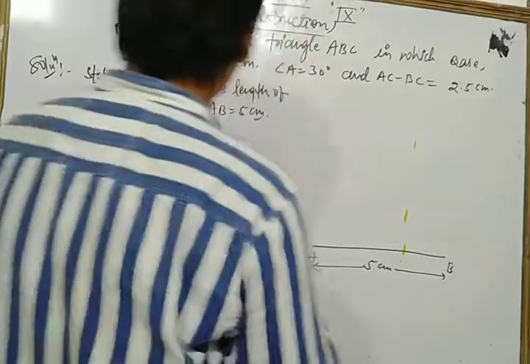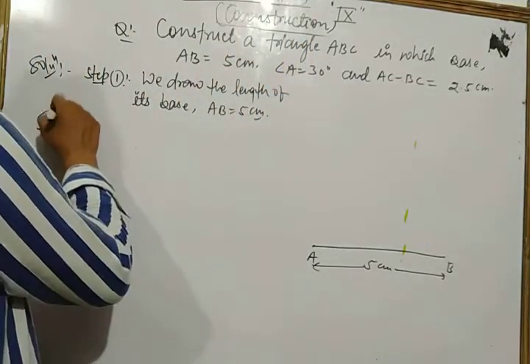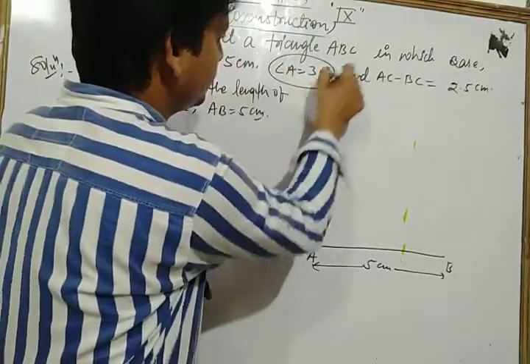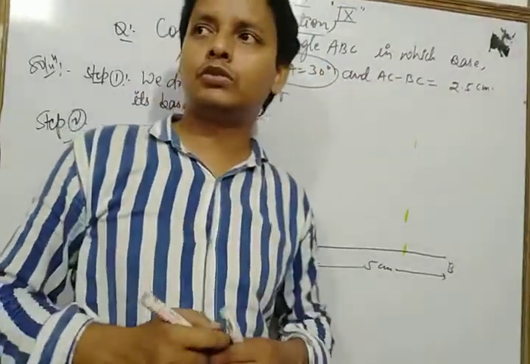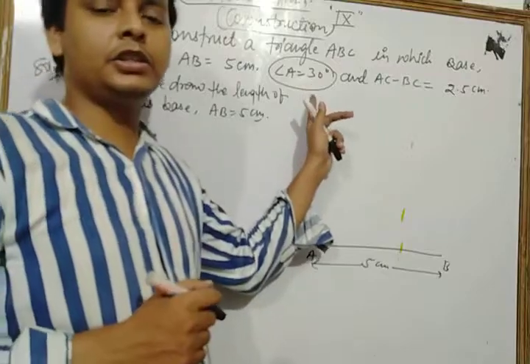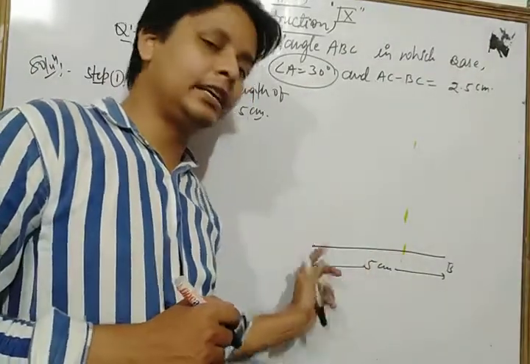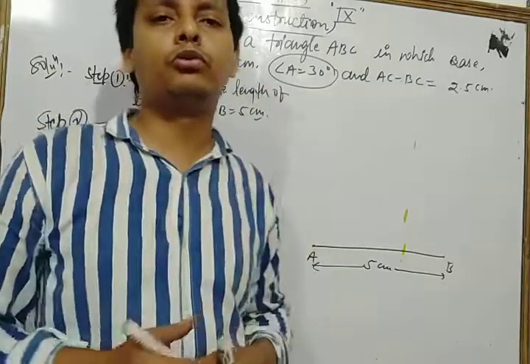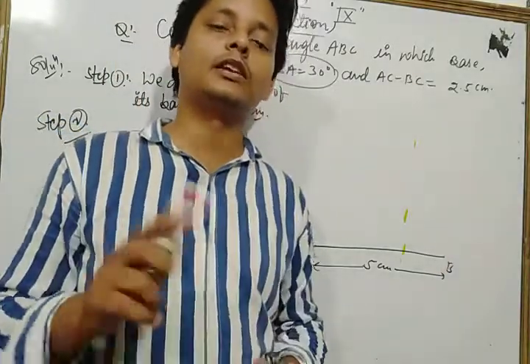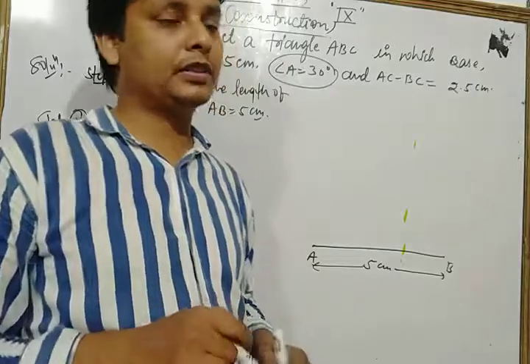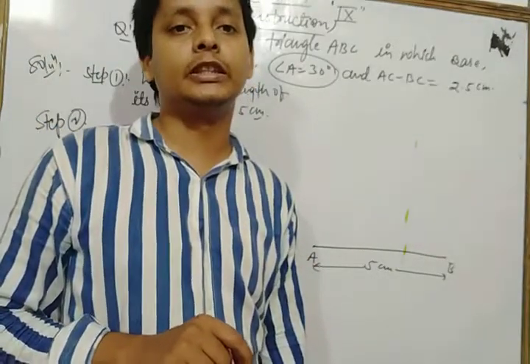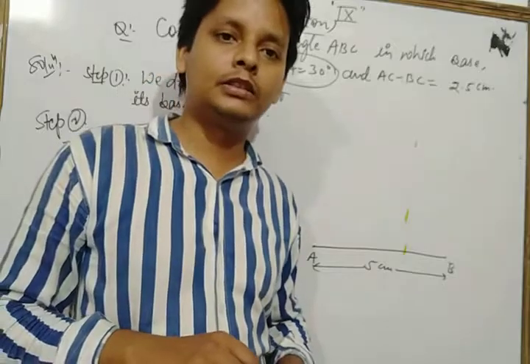Now in the next step, step 2, one base angle is given, that is angle A equal to 30 degree. So we construct angle A equal to 30 degree with the help of ruler and compass, and that topic was also discussed in the previous class. What is the process to construct the angle of 30 degree with the help of ruler and compasses.